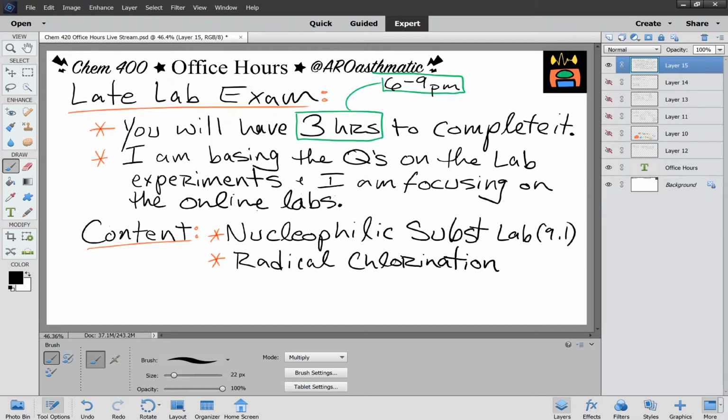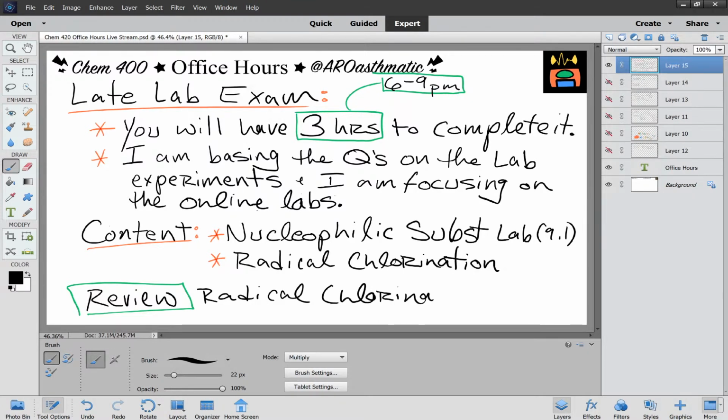I would definitely recommend reviewing the radical chlorination lab questions, especially if you're looking for a good hint: the stuff on relative reactivity with primary, secondary, and tertiary hydrogens.